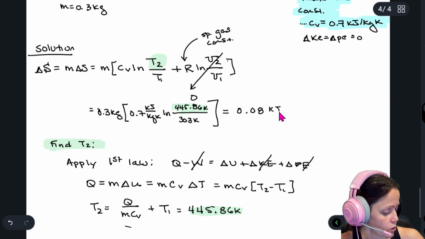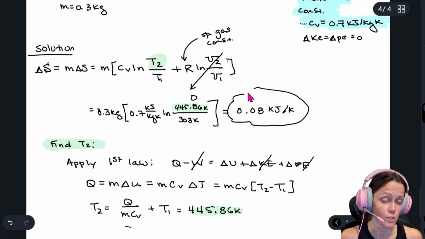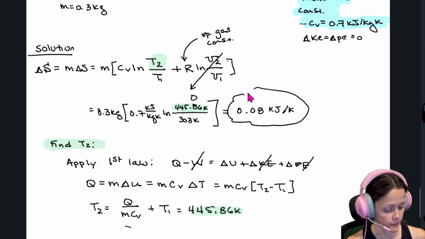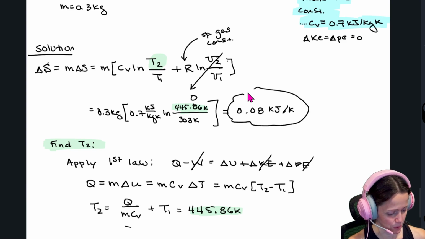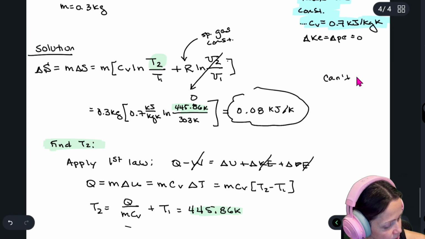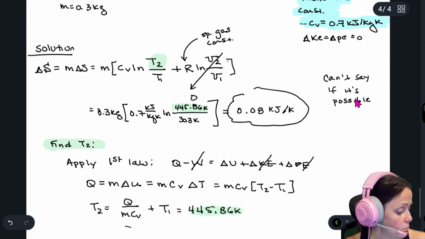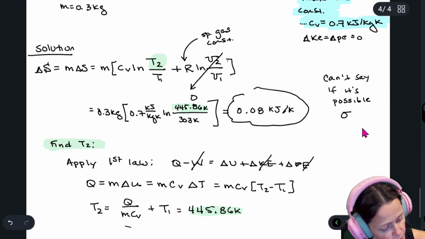And so we've got 0.08 kilojoules per Kelvin. If anybody asks you whether this is possible or not, you would say, yes, of course it's possible because... well, actually, no, we can't really say anything about this being possible or not. I should back up, so I'll write that: can't say if it's possible or not, because we need to know sigma.